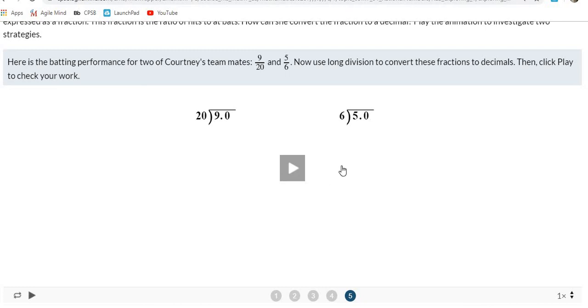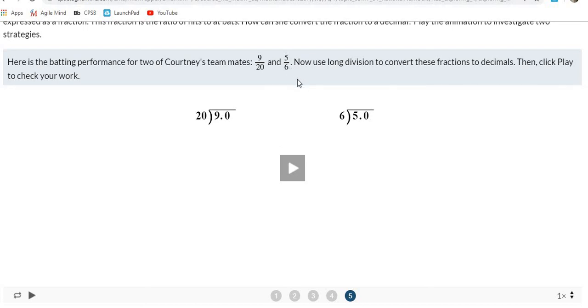Okay, I want you to try B and C by converting those to decimals. You can either work them with long division, or if you want to convert them to fractions over 100, you can. Sometimes it's not so easy to do it over 100.